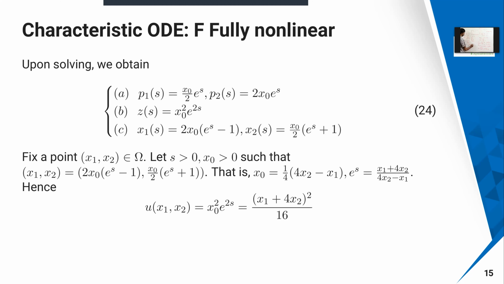So this one I have to square: 4y plus x whole square divided by 4y minus x whole square. So these two are going to get cancelled. So you are going to get simply 4y plus x whole square divided by 16. So this is going to be your solution for this problem.